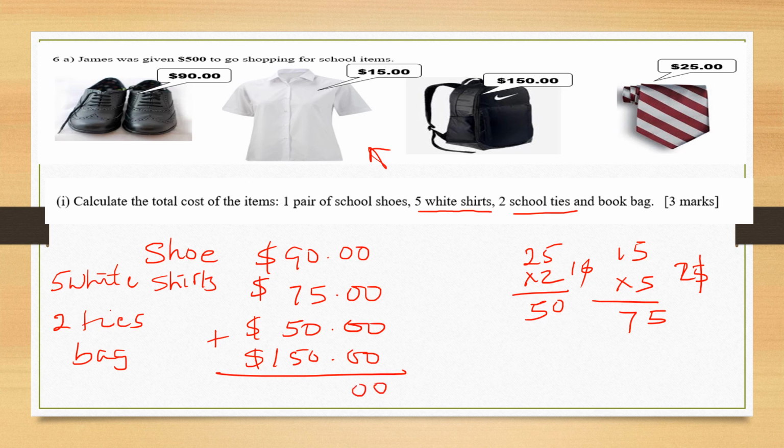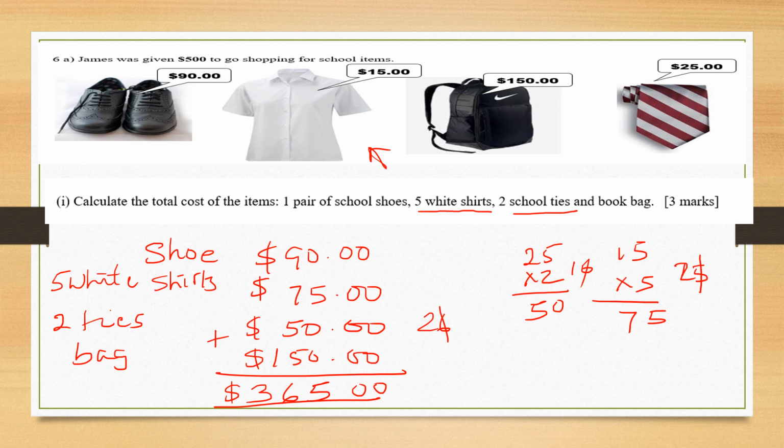0, 0, 5. Then we have 9 plus 7 is 16, and 10 is 26. And then 1 plus this 2 would give me 3. So my answer is $365.